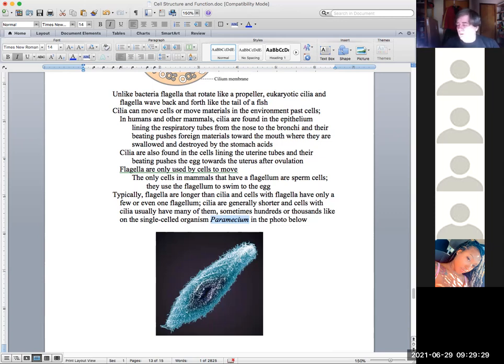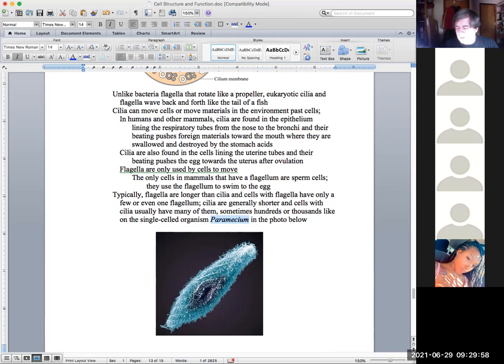So in big animals, in multicellular animals, where many cells make up their body, you might have some cells with cilia or flagella that are anchored in place. And when the cilia or flagella wave back and forth, they create a current. In some small animals, the cilia or flagella is how the whole animal moves, or in individual cells like sperm cells.